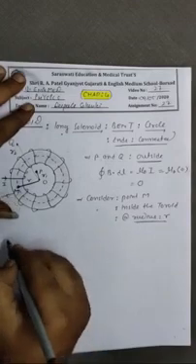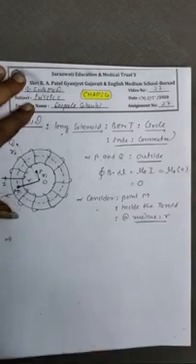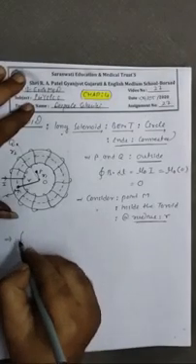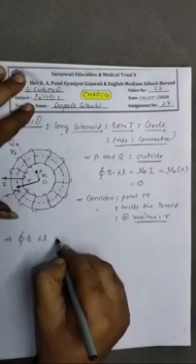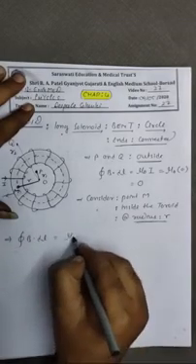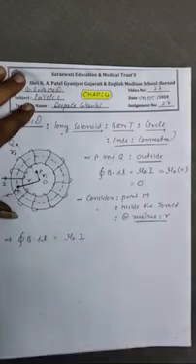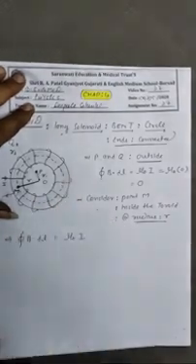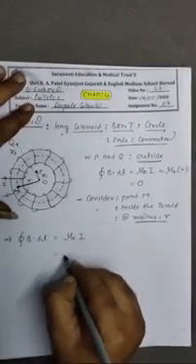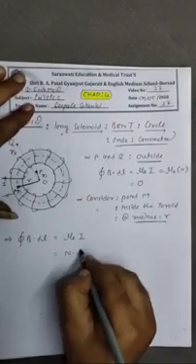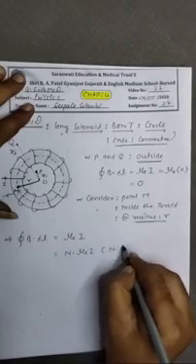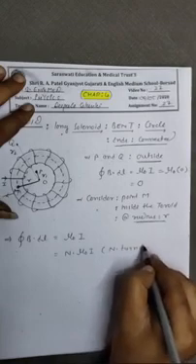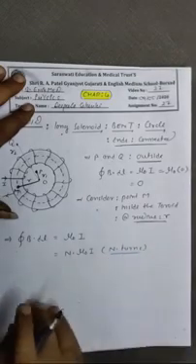So according to that law, which law? Ampere's Circuit Law, closed integration of B dot dl is equal to mu 0 I. This is for 1 turn. For n turns it is equal to n multiplied by mu 0 I. So this is the equation for n number of turns. Got it?